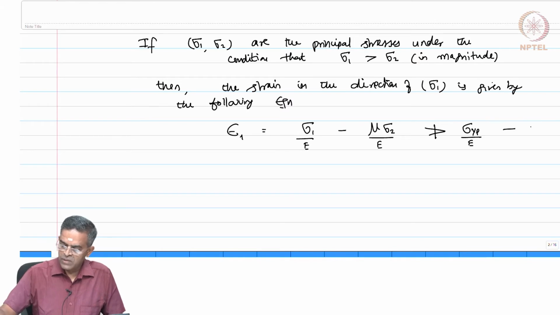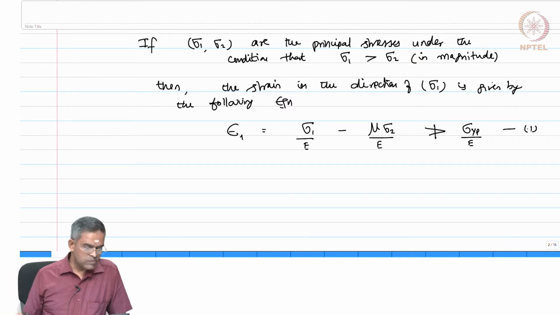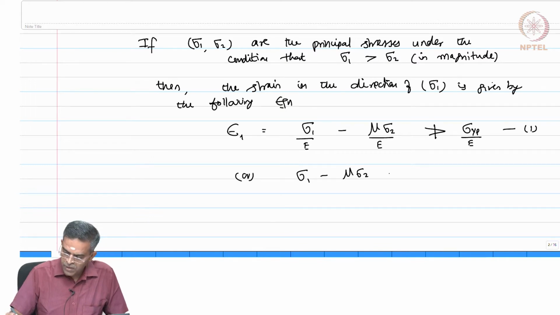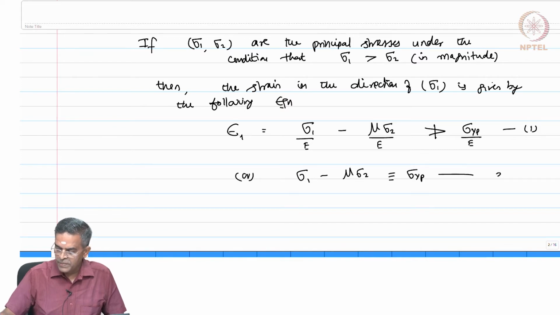We will call this equation number 1, or sigma 1 minus mu sigma 2, at worst, can be equal to sigma yp. That is what the theory states.